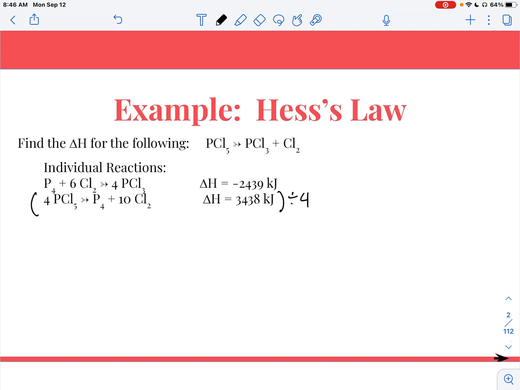And again, whatever I do to the reaction, I have to do to delta H. So that means PCl5 gives me 1/4 P4 plus 10 over 4 Cl2, and you can reduce that if you want, or you can just reduce it at the end. And then we're also going to do the same thing to our delta H value. So you take 3438 divided by 4.